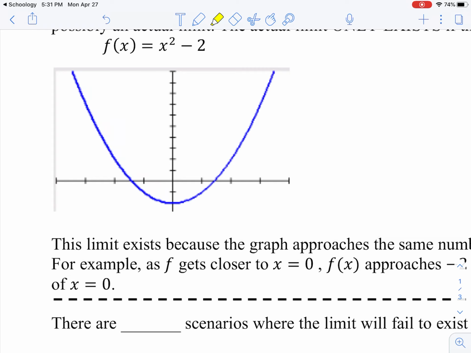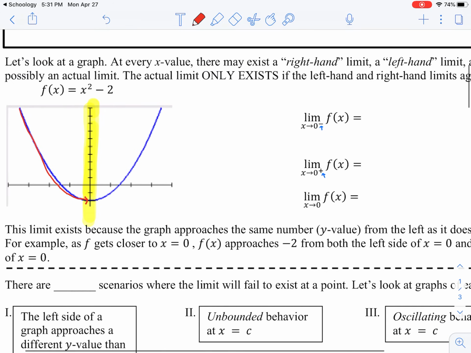So what we're going to do is find where 0 is. Where x is 0 is right here, right? Now we're going to go on the graph. Let me change colors instead of using blue. We're going to approach 0 from the left. So I come from the left, getting closer and closer to 0, and you're going to say, what y value are you approaching? Negative 2.